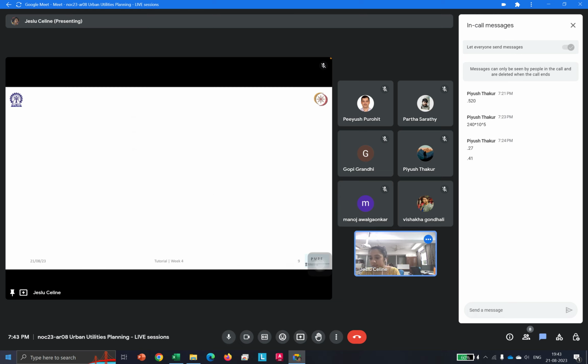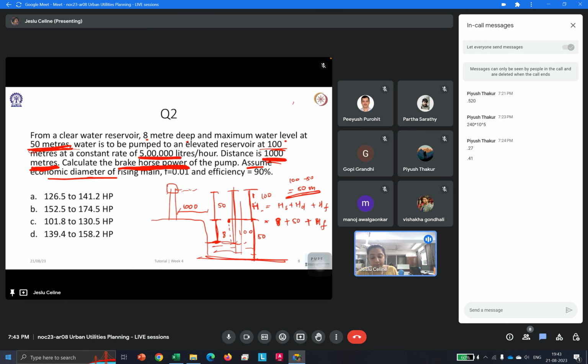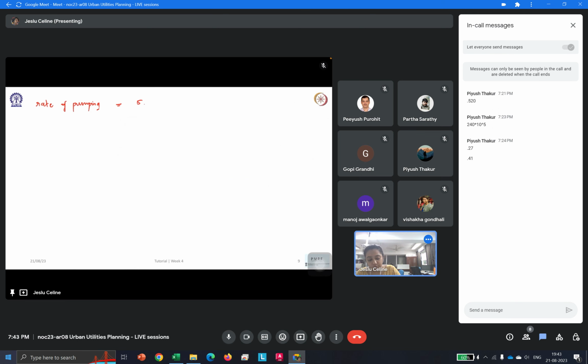Let's start finding. Again, to write what is the information which is given. We have the rate of pumping, which is 5 lakh liters per hour. We'll have to convert this.